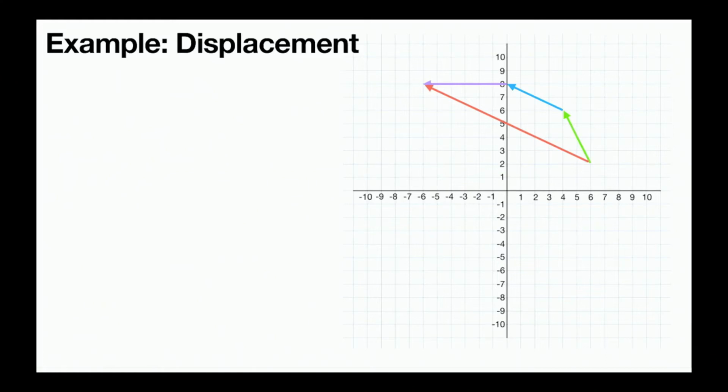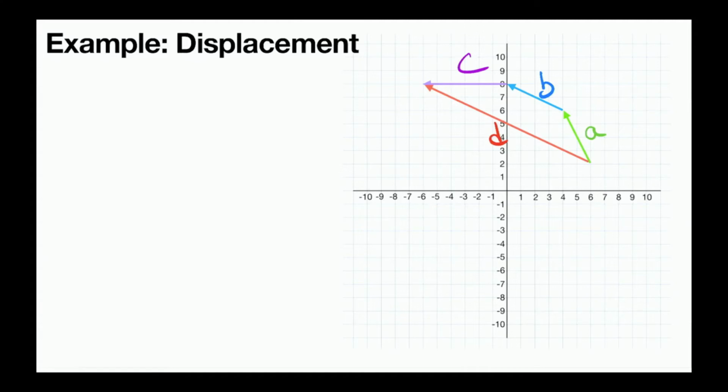Let's say the green vector here we'll call vector A. Let's call the blue vector B, the purple vector C, and the resultant vector we can call vector G. Let's say this is Daisy. She moves one time in vector A, then another time vector B, another time vector C. She ends up at some point. She didn't follow a straight line, so her displacement is going to be different than the total distance that she traveled.